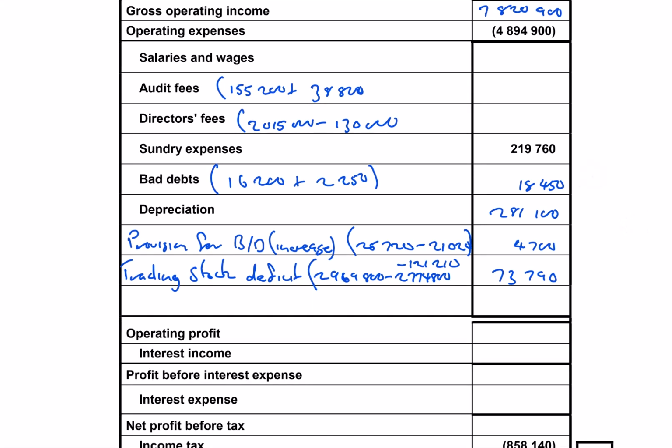That's 1,885,000. Then 155,200 plus 38,800. That's 194,000.